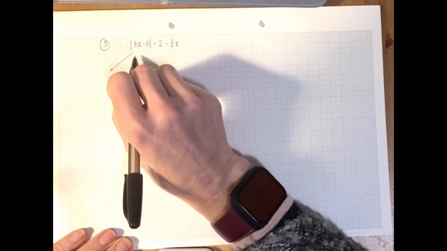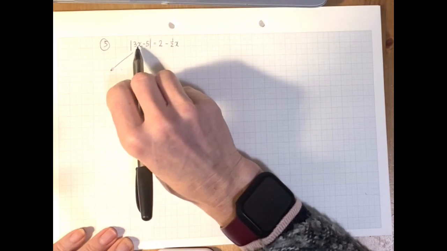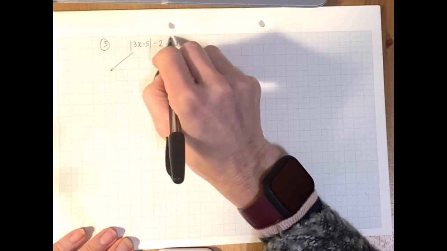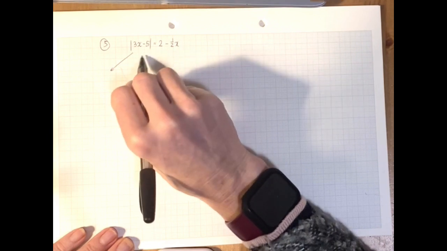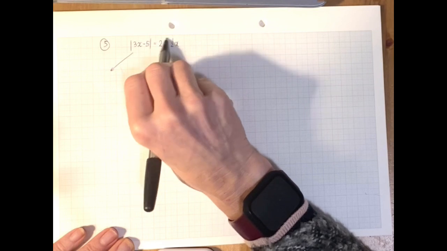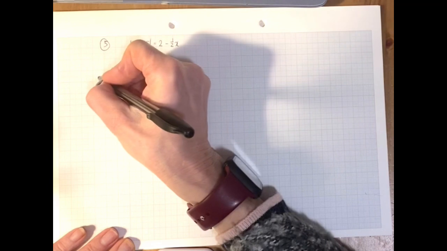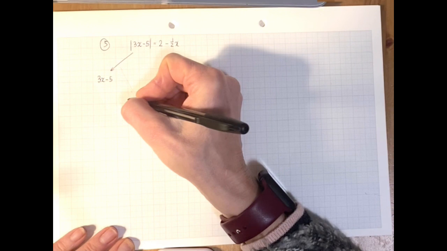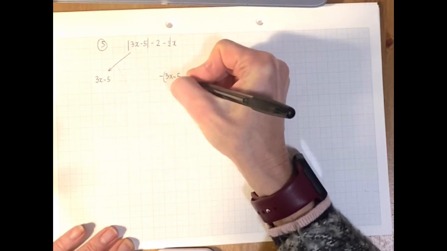There are 2 ways of doing it. One way is making 3x minus 5 equal to 2 minus a half of x, or minus 2 plus a half of x. But I'm going to do it a different way: rather than changing this to opposite values, I'll change the other side, because whatever is in the bracket could be equal to 3x minus 5 or minus 3x minus 5.